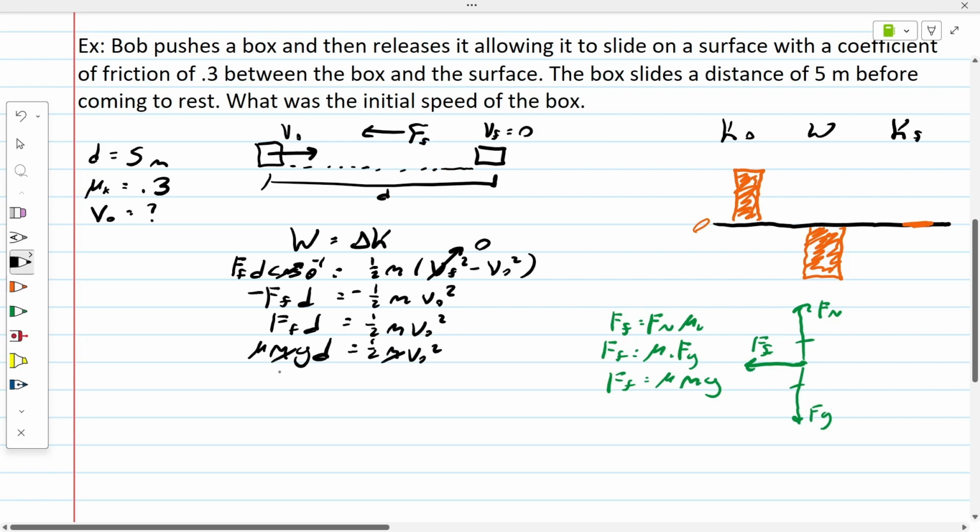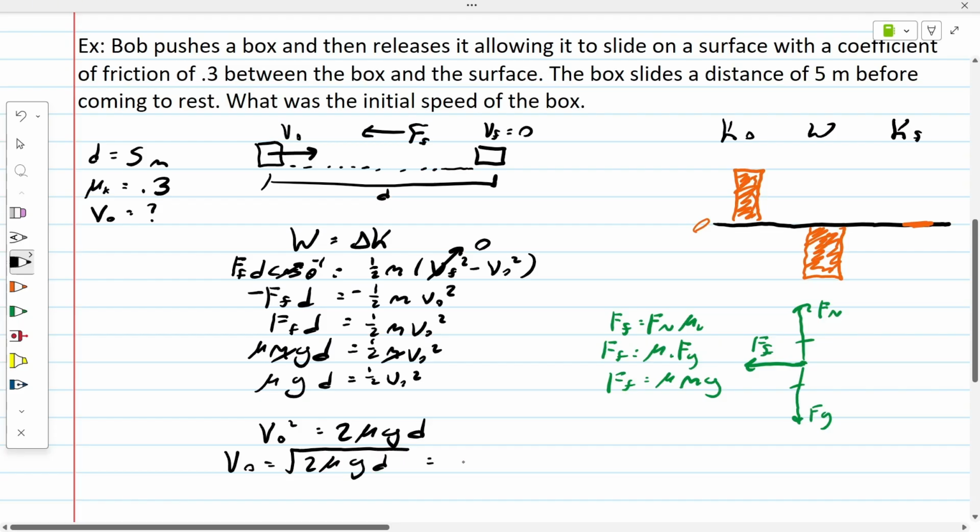And now we get these masses that cancel. And so we have the coefficient of friction, gravity, distance equals 1/2 v0 squared. So now we can solve for v0 squared by saying 2 coefficient of friction g d, and then take the square root of both sides and get this as our final equation.